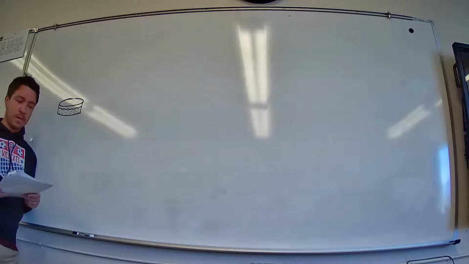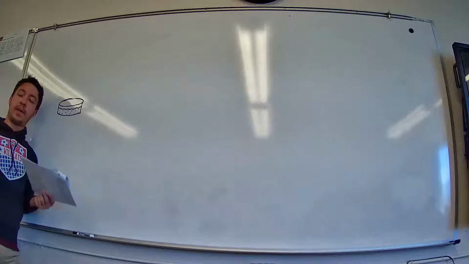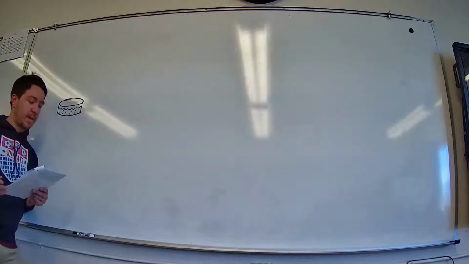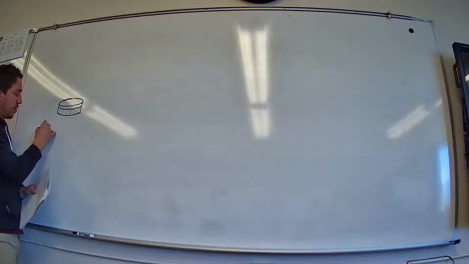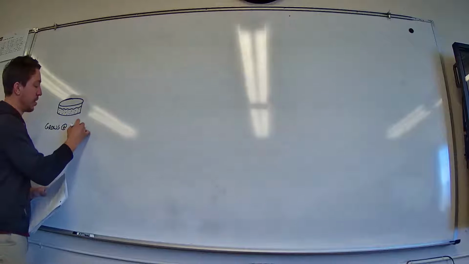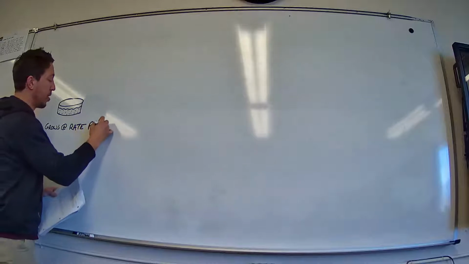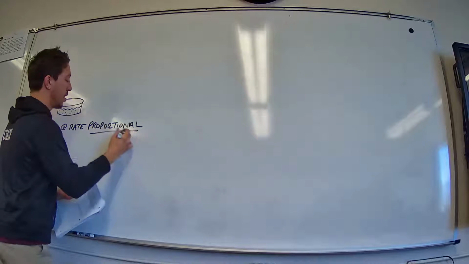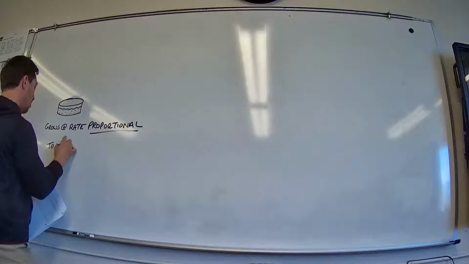Spoiler alert. We've done this problem before. Let's pretend for a moment that we had not done it. All we know is, someone told me that this sample grows at a rate proportional to its size.